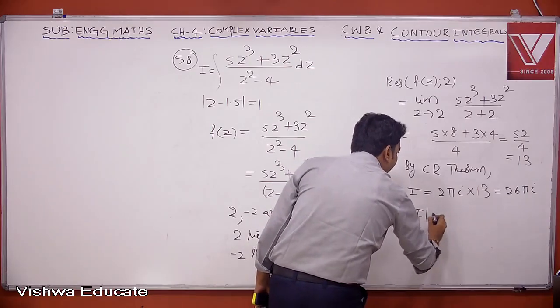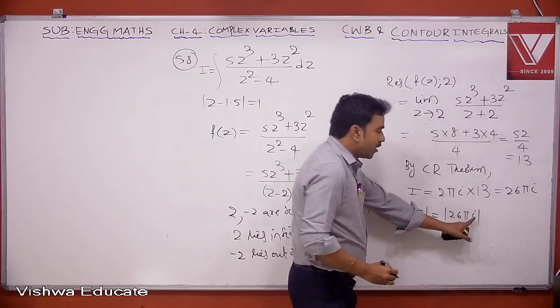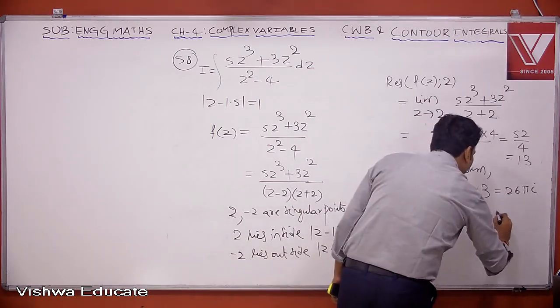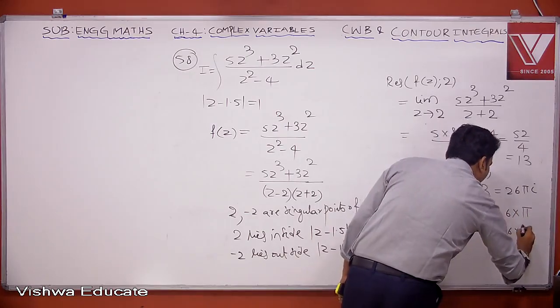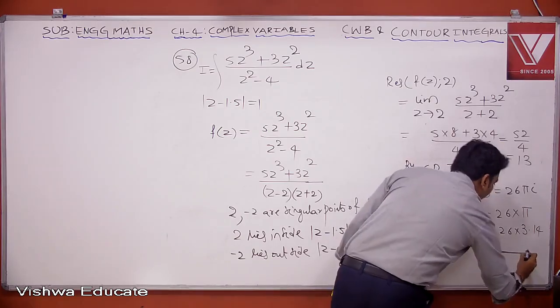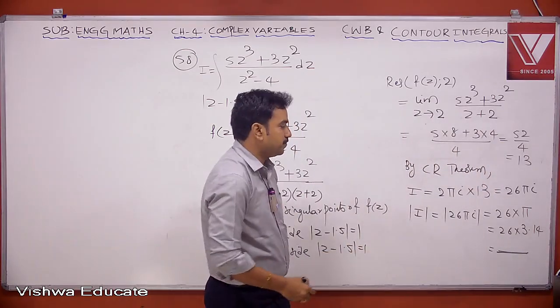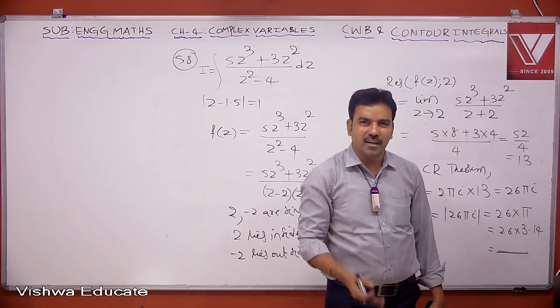So modulus of I is modulus of 26 pi i, which is 26 pi. The value of pi is 3.14. So you simplify this value, take the value up to 2 decimal places. So it will be close to above 78 and below 79, I think.